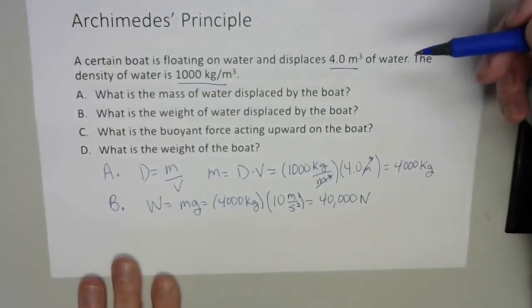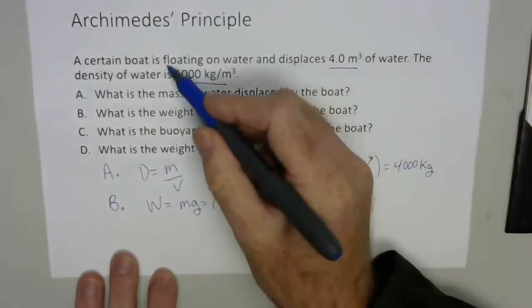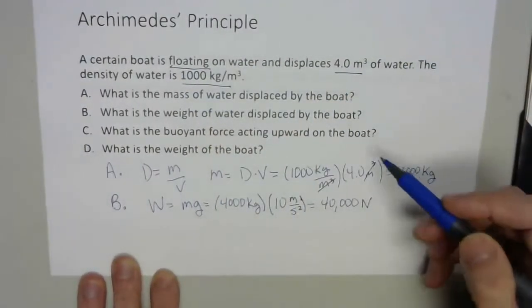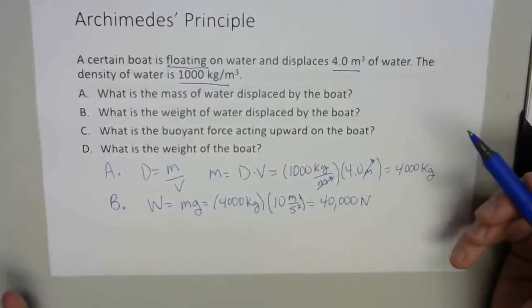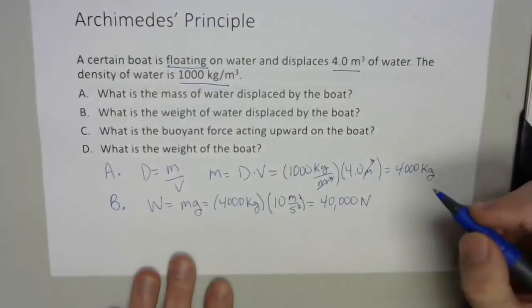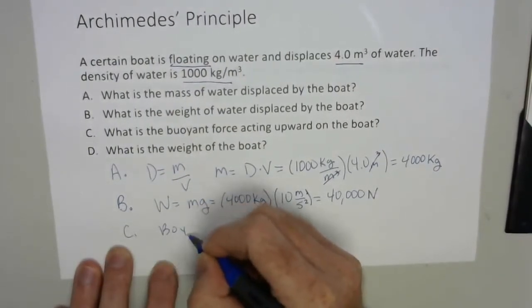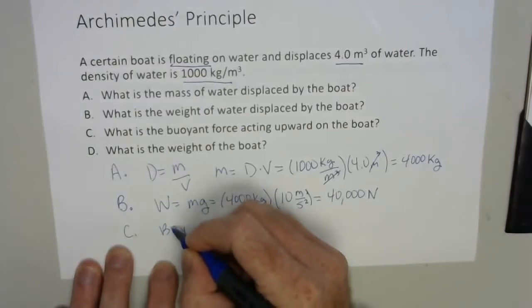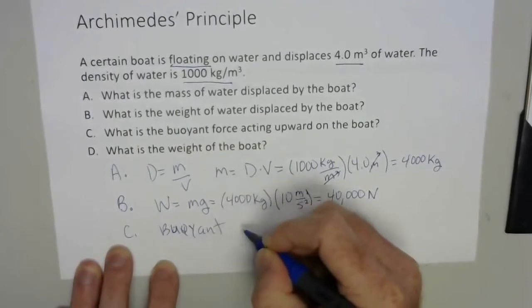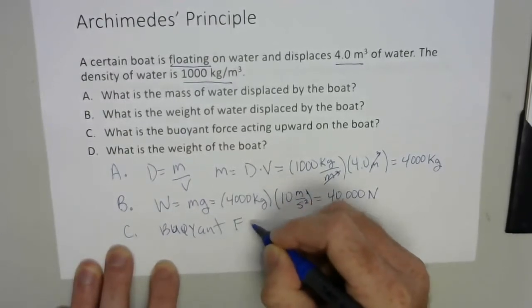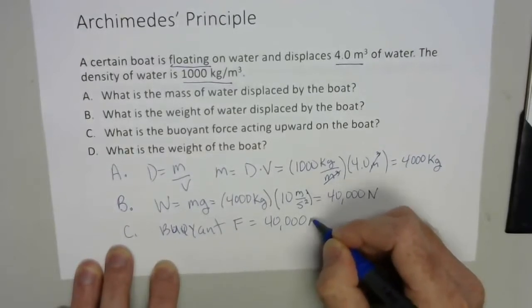Now, as I mentioned before, since the boat is floating on the water, the buoyant force must be equal to the weight of the boat, or it wouldn't be floating. So guess what? The buoyant force, B-U-O-Y-A-N-T, force, is equal to the 40,000 newtons.